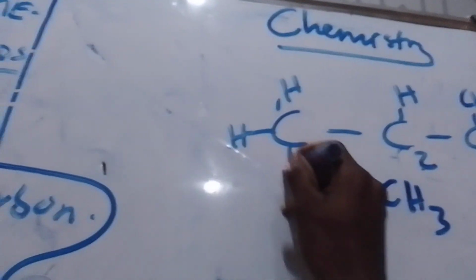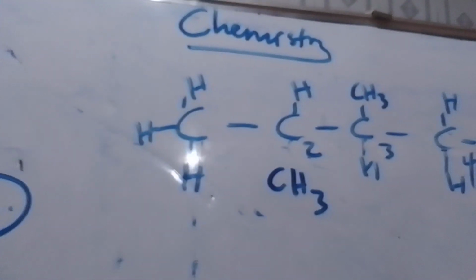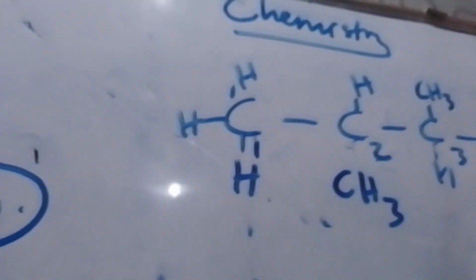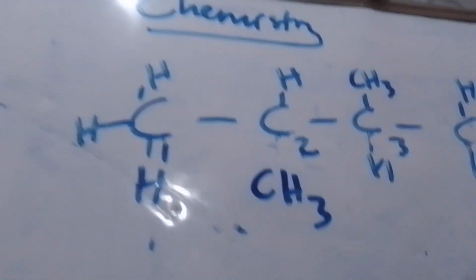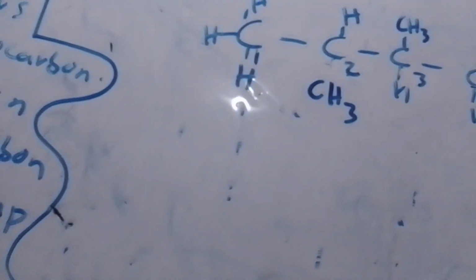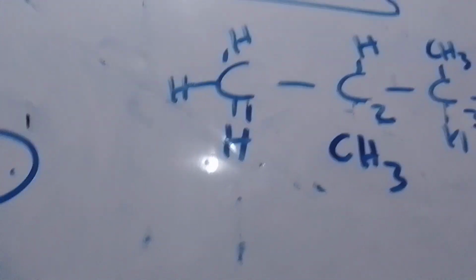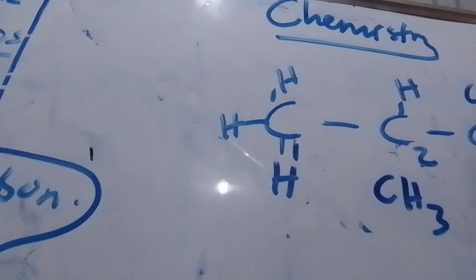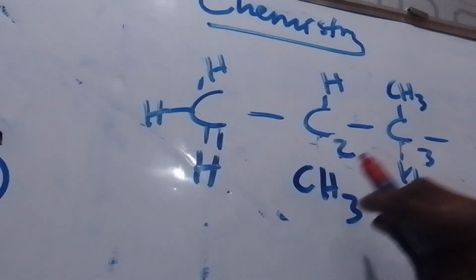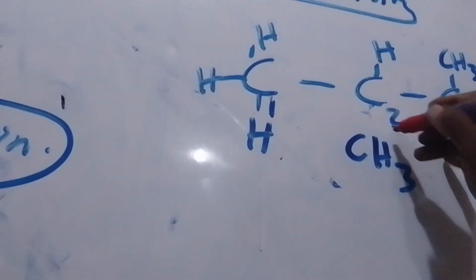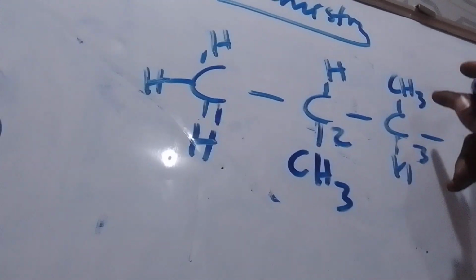Now the rule is that after numbering the longest continuous carbon chain, you indicate the substituents that are present by numbers to show their position. So here, if I want to give the name of this compound, I have 1, 2, 3, 4. Now I will start with the substituents by indicating their position.